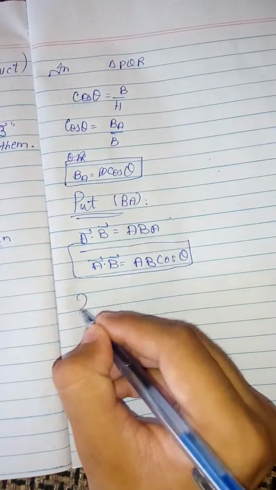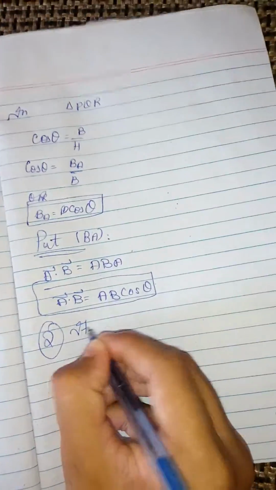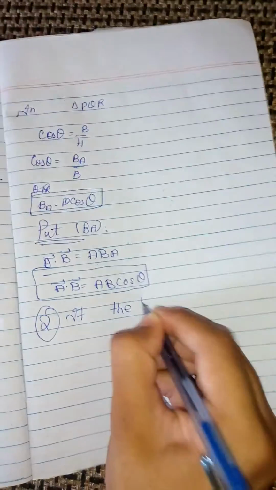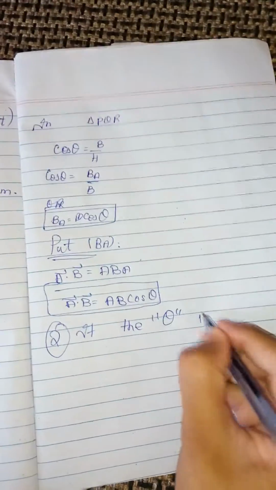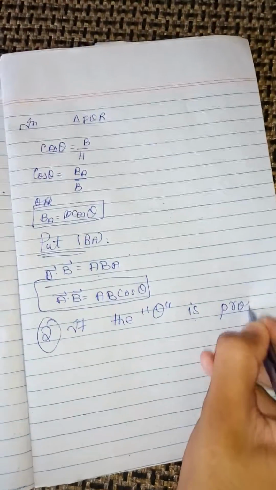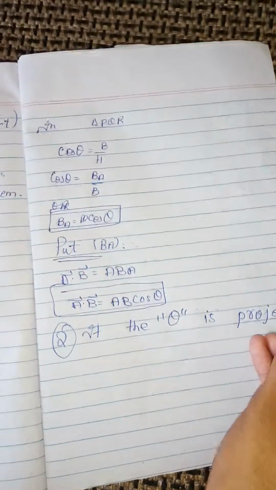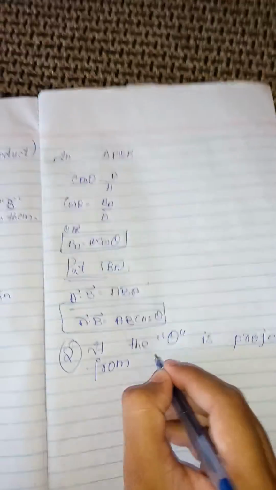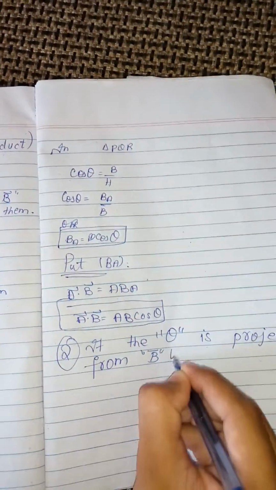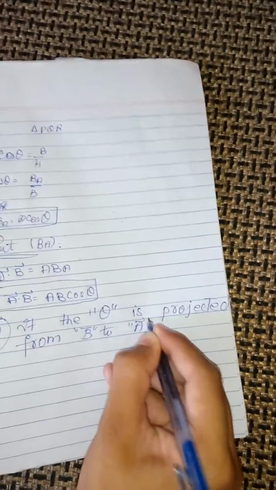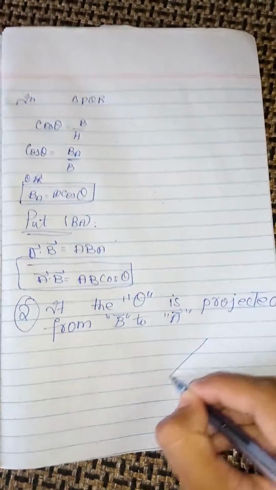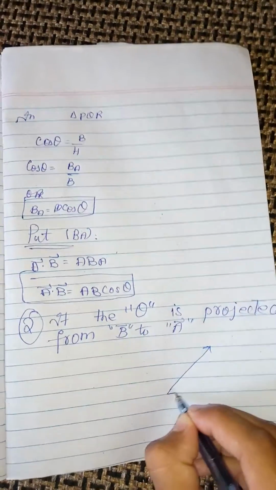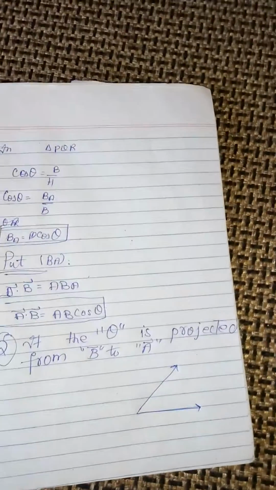Now the second part: if theta is projected from b vector to a vector, then what will happen? See clearly, this is the b vector and this is the a vector.